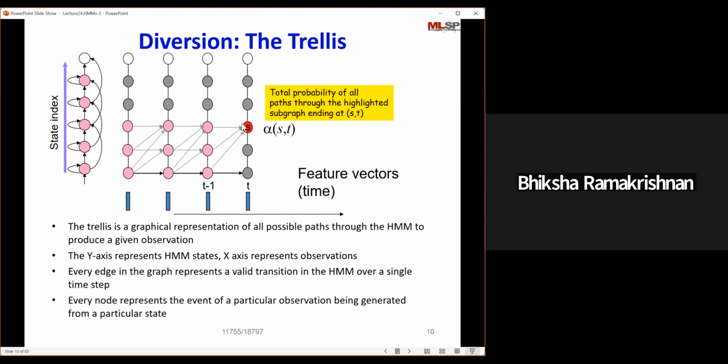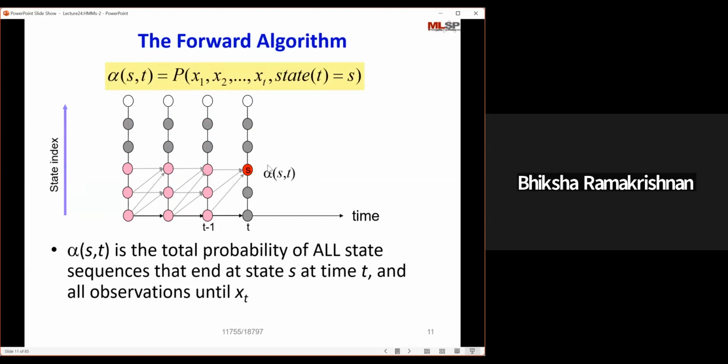And so we associated a probability with this subgraph, which is the probability that the process will generate observations O1 through OT and end up in state S at time t. And we call this the forward probability alpha(S,t).